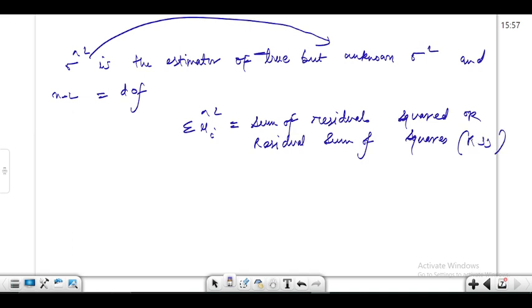So let's see, can we create something else here? Supposing I have summation ui hat square equal to summation yi square minus beta 2 hat square into summation xi square, where this is capital Xi.